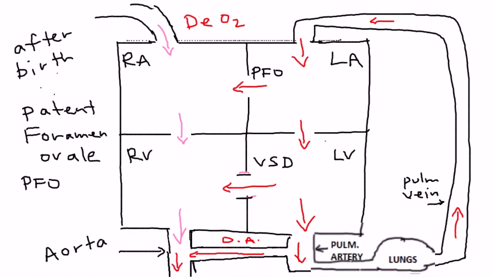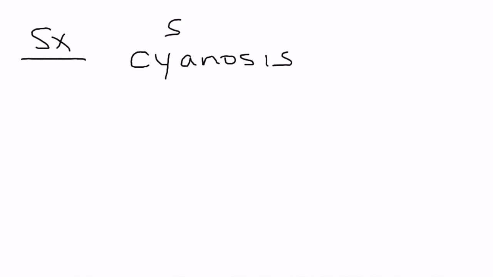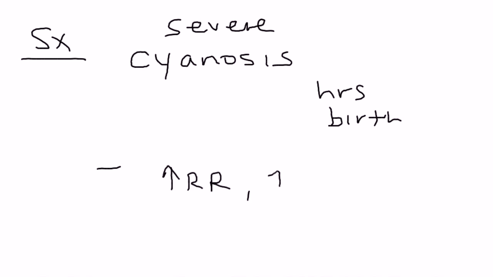So that is essentially a diagrammatic explanation of TGA. So now let's get into the symptoms. Well, as you can imagine, because there's not enough oxygenation, you will have severe cyanosis, pretty much within a few hours of birth. And then also, you can have symptoms of heart failure, such as increased respiratory rate, increased heart rate, and of course difficulty breathing.